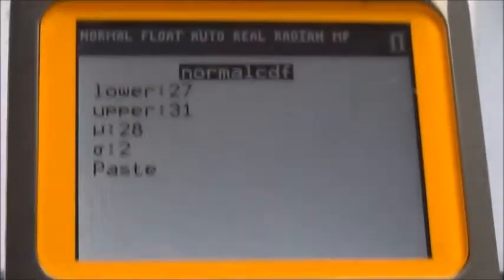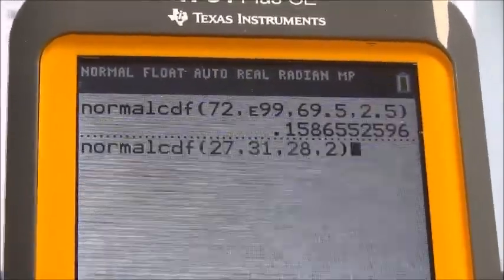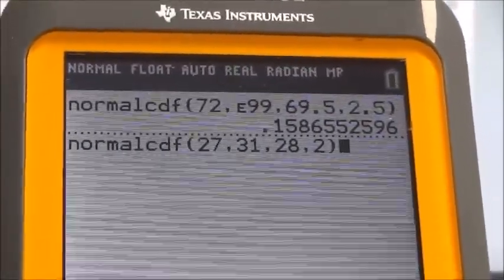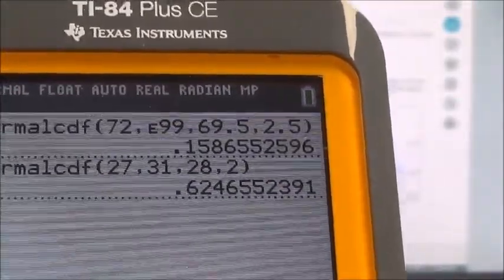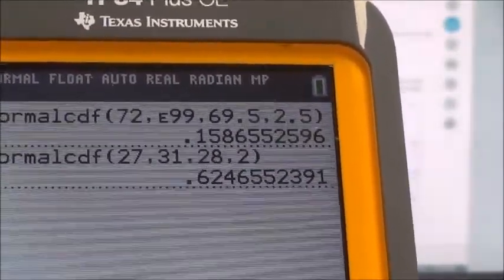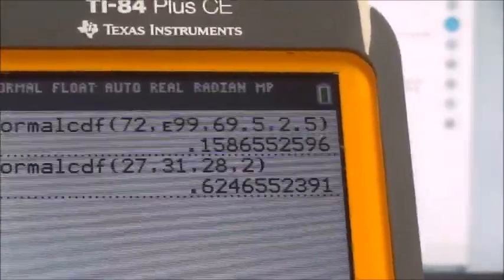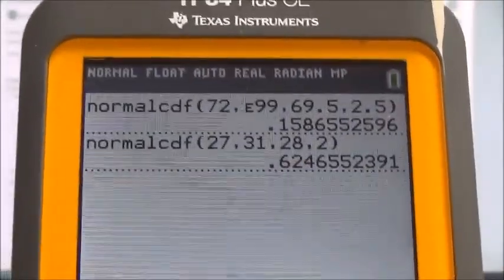My standard deviation is going to be 2. I'm just going to paste that into the formula and then enter, and it gives me my value to 4 decimal places, 0.6247, because I'd have to round it up. That would be my answer if I'm trying to find it just between 2 numbers.